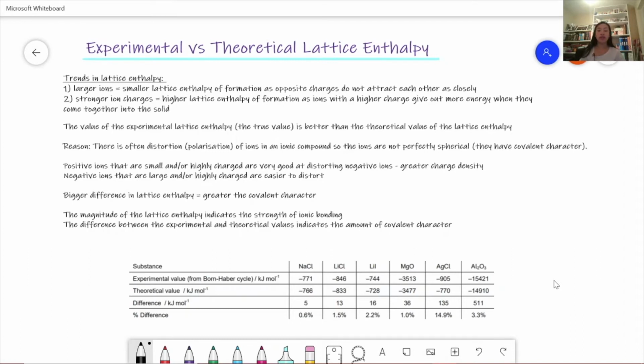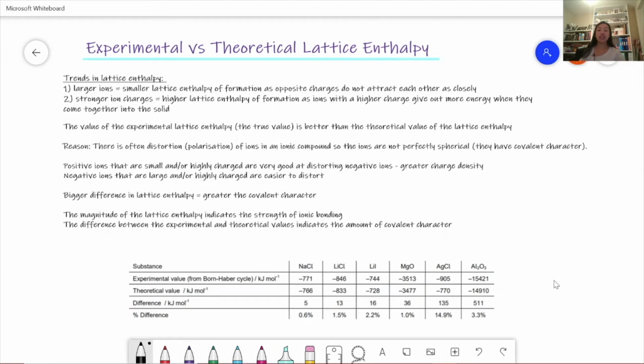So two facts are that positive ions that are small and or highly charged are very good at distorting, so polarizing negative ions, and that's because they have a greater charge density. And negative ions that are large and or highly charged are easier to distort, so they're easier to be polarized.